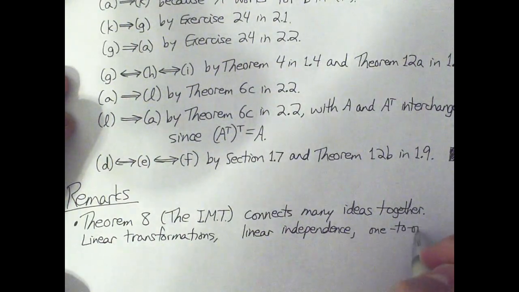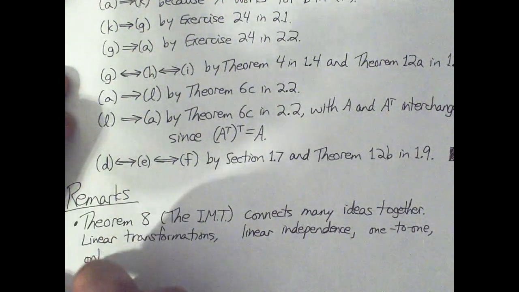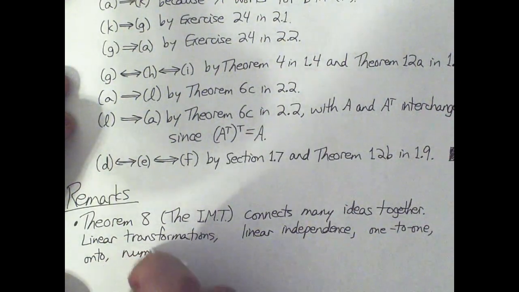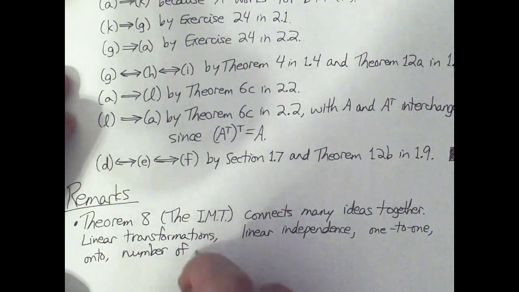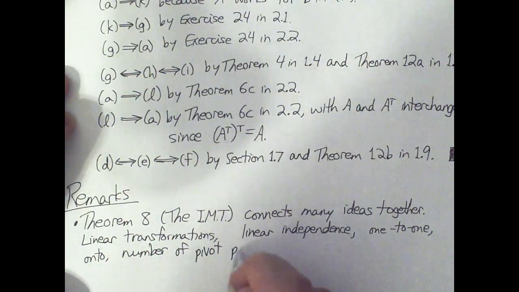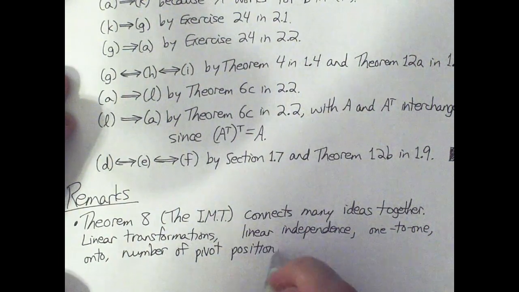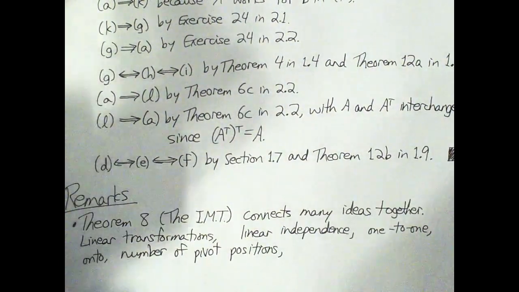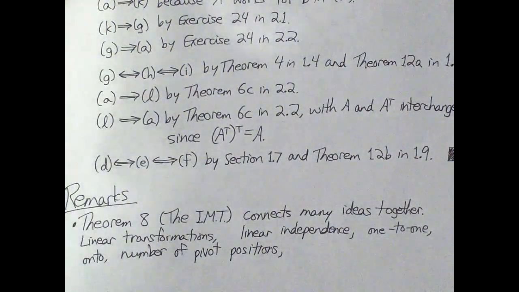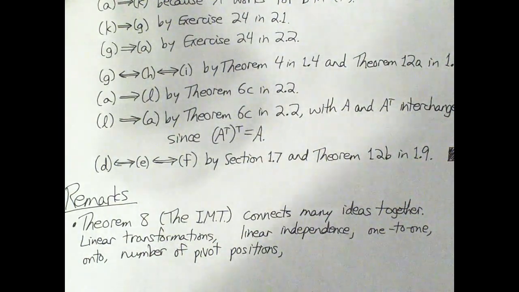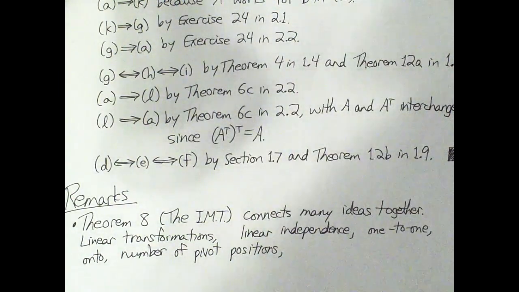Being one-to-one, being onto, the number of pivot positions. That turns out to be important. Like, what if you have a square matrix? What if you have a 3x3 matrix and you know that it has exactly 2 pivot positions? That would mean that statement C is false. And if statement C is false, all of the other statements are also false for that matrix.